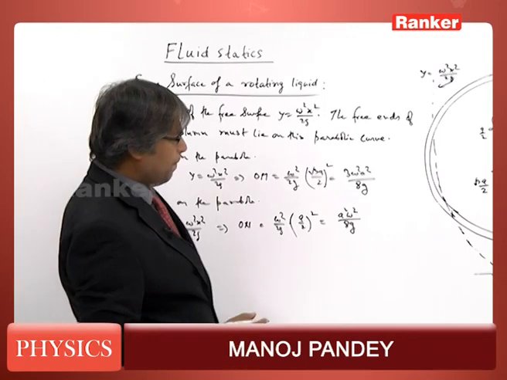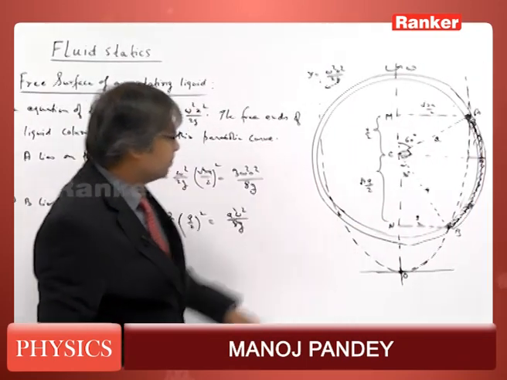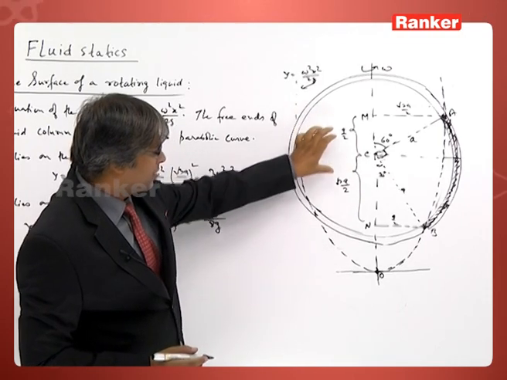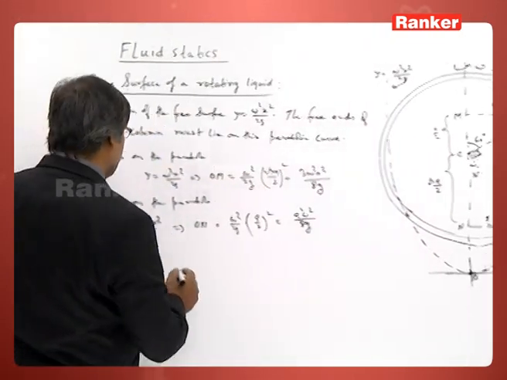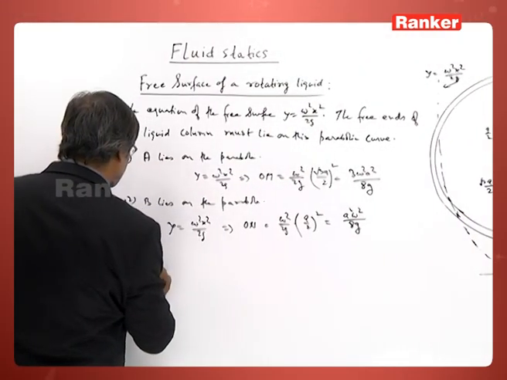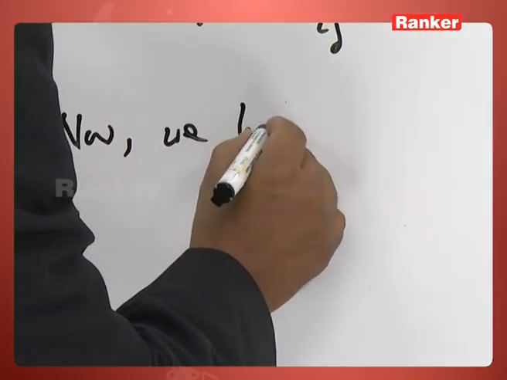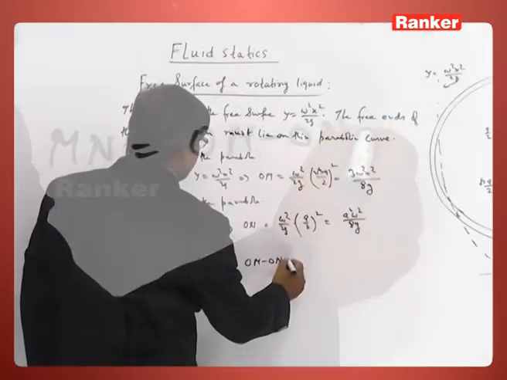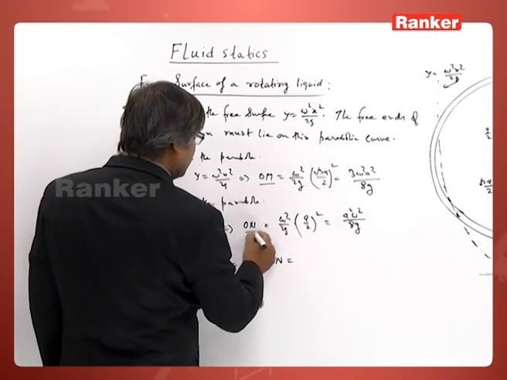Now, you see here MN is this plus this. In order to know MN, we have MN is equal to OM minus ON. So, this is OM and this is ON.